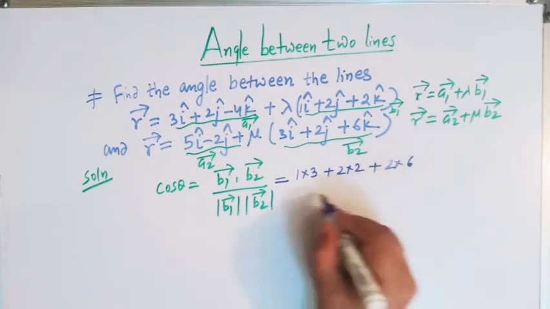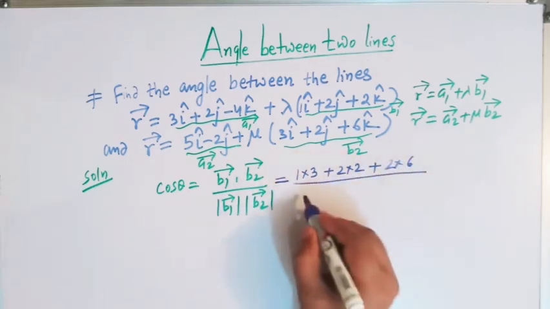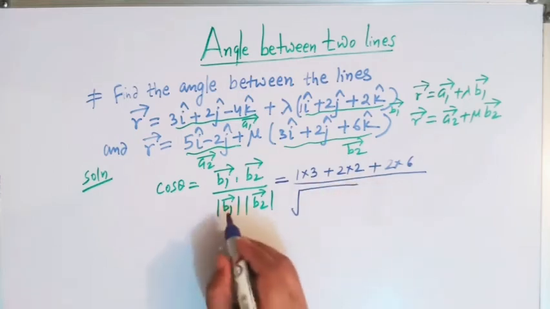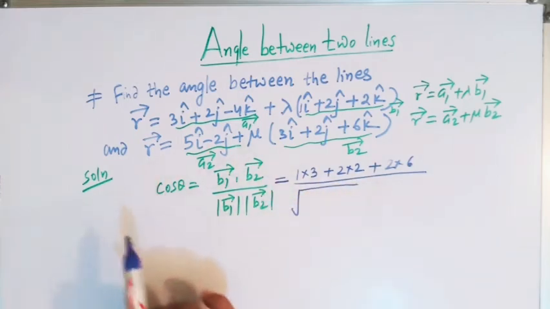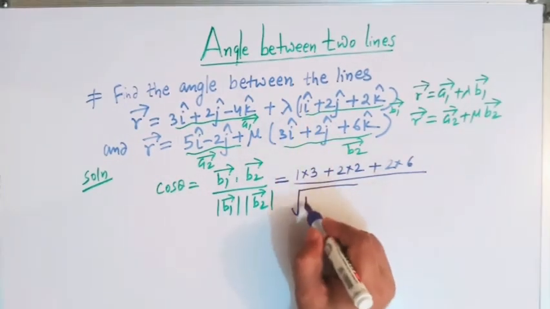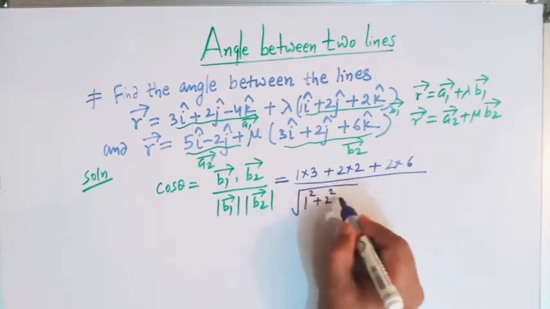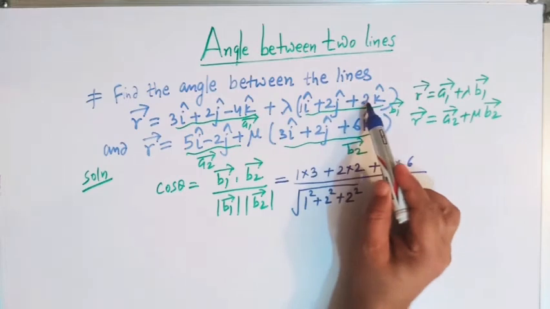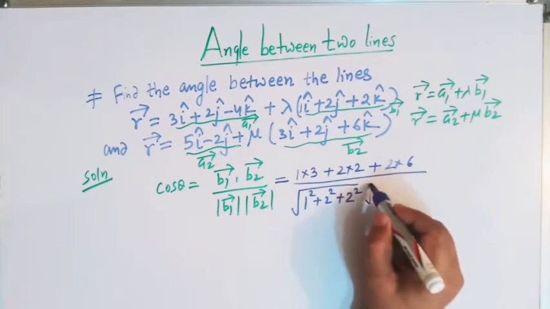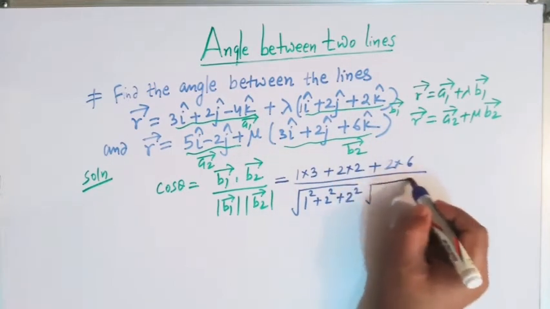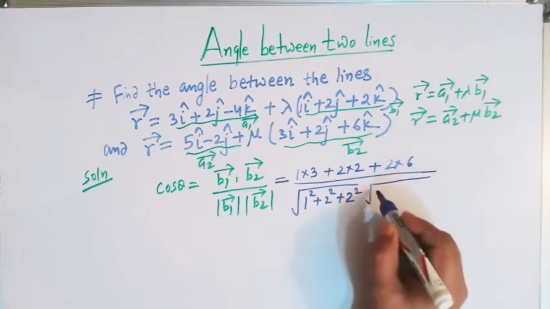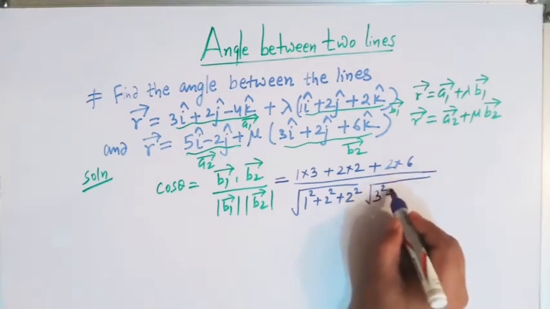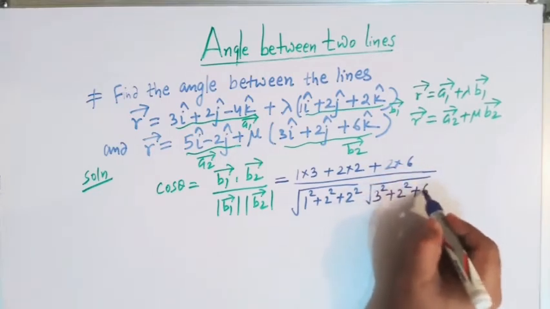Okay, and divided by the magnitude of vector b1, which is the square root of 1 square plus 2 square plus 2 square. Then the magnitude of vector b2 is the square root of 3 square plus 2 square plus 6 square.